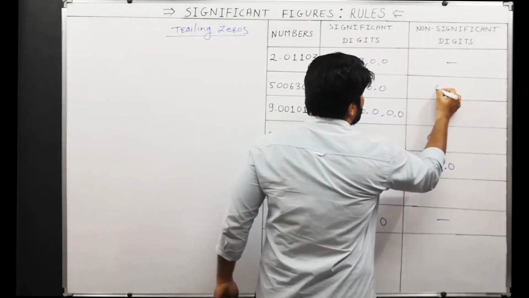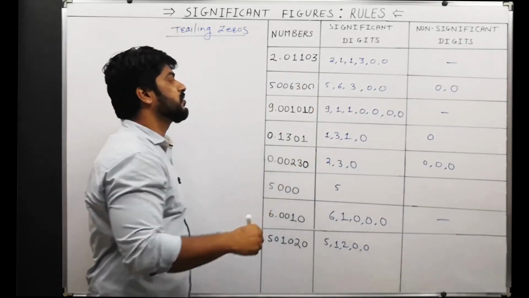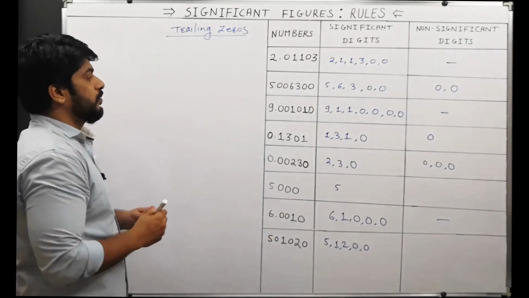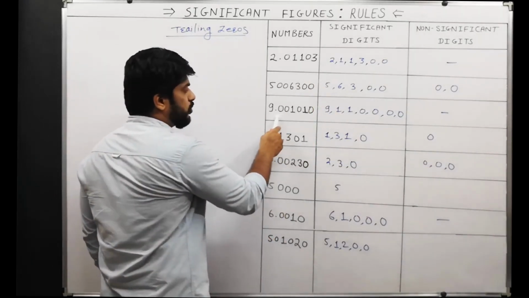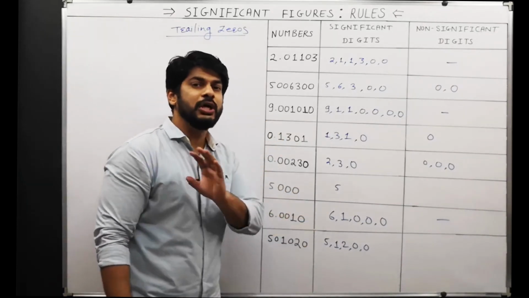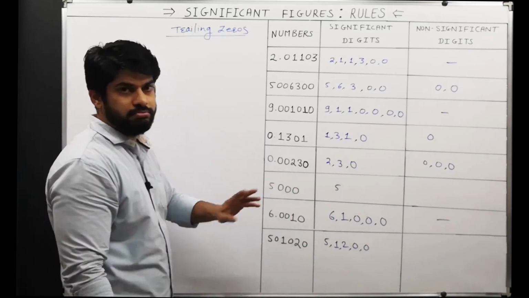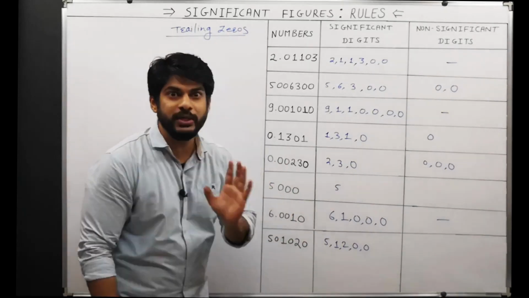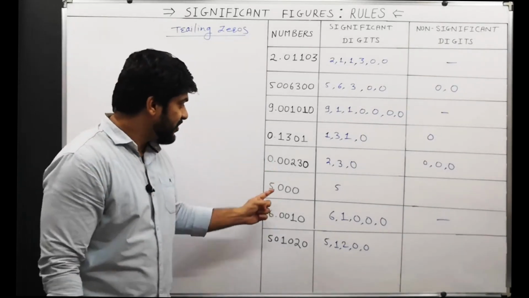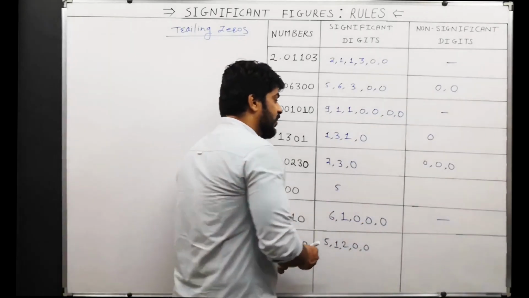So over here these two zeros are non-significant. Now over here the rule does not apply because there is a decimal point. Here also we have a decimal point, so the rule does not apply. Over here there is no decimal point and we have trailing zeros also, so these three trailing zeros are non-significant, according to the rule.